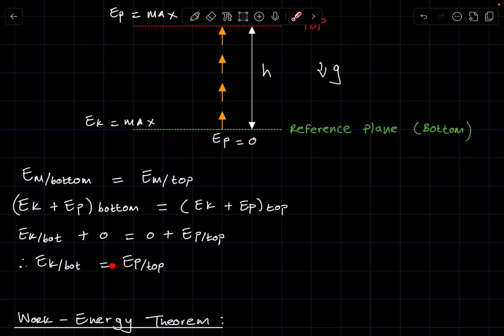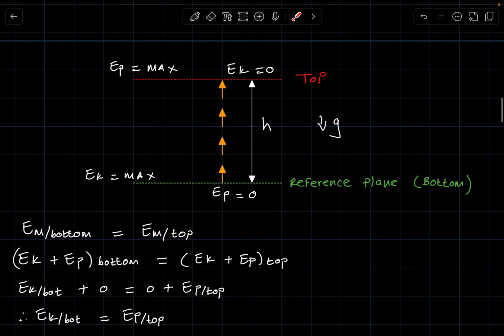This here is proof that energy is not destroyed, but instead it is transformed from one form. At the bottom, it is kinetic energy, and then at the top, it is transformed to potential energy.